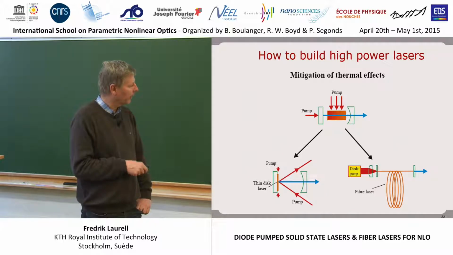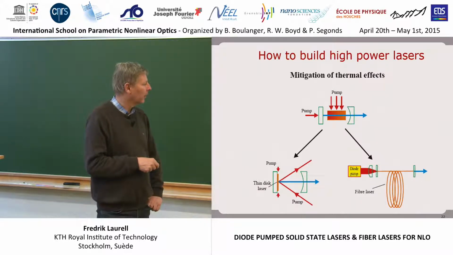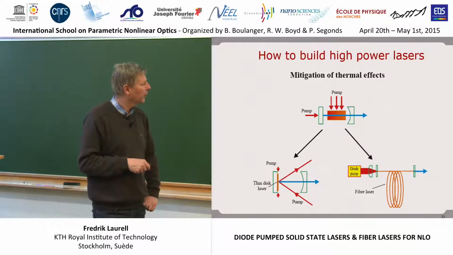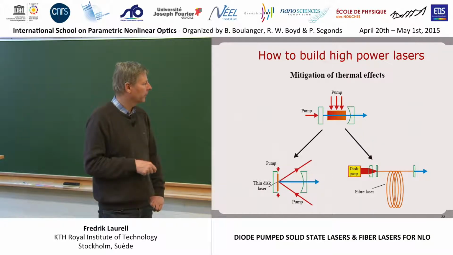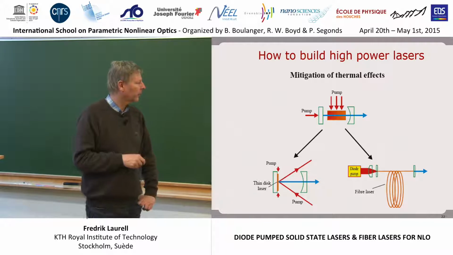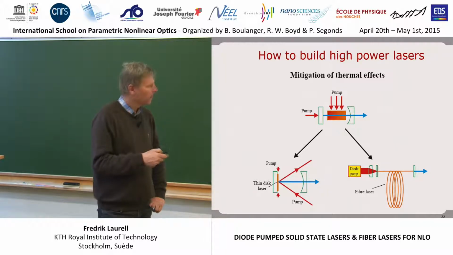So you have a very thin laser crystal that you cool strongly from the backside. Then, of course, you have a very small laser medium here, and not much energy can be extracted. But you have to recirculate the pump here, back and forth, back and forth, and then you do absorb a sufficient amount of energy. And this is a concept primarily developed in Germany.